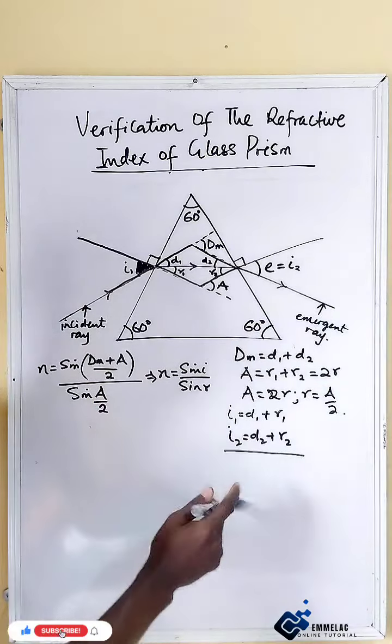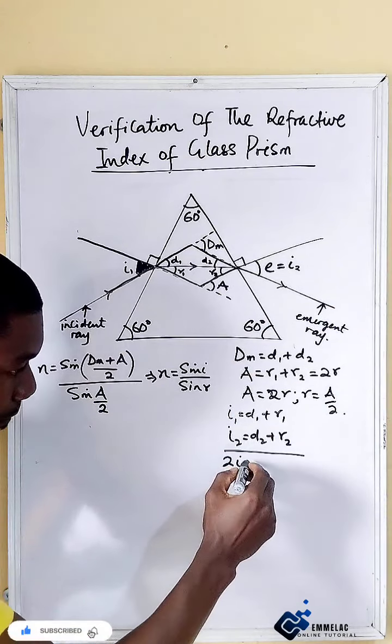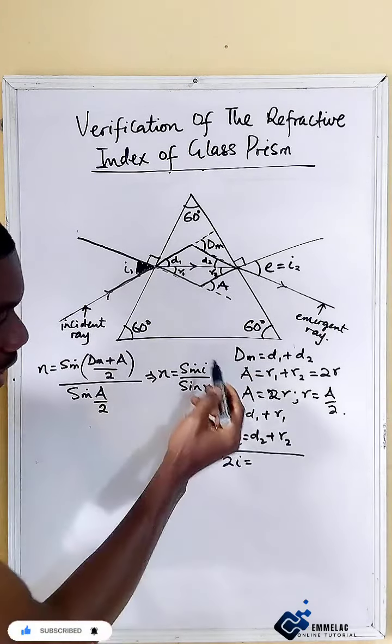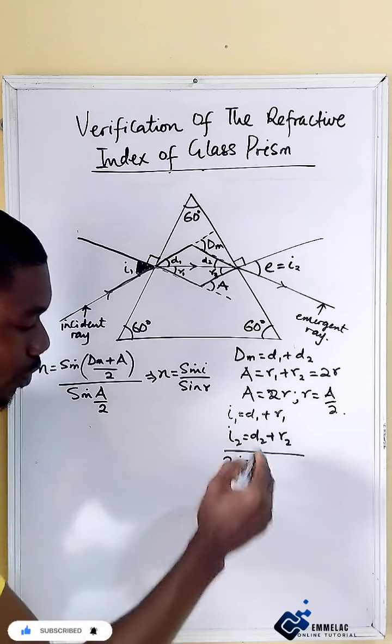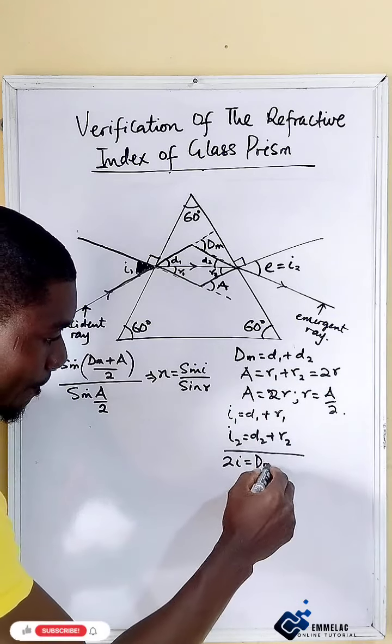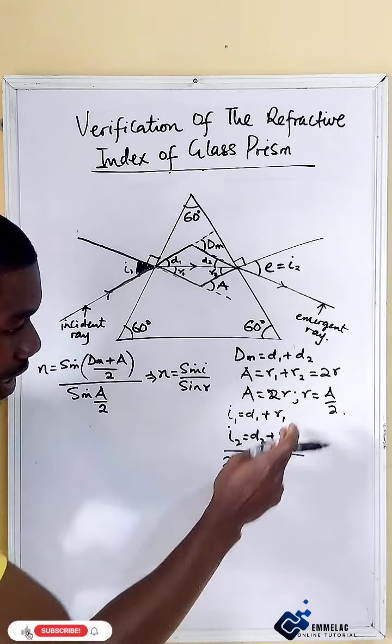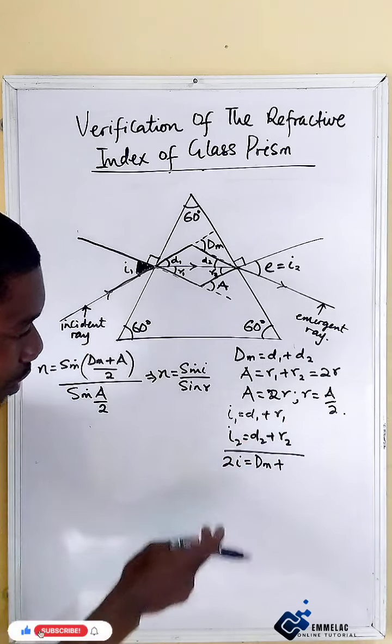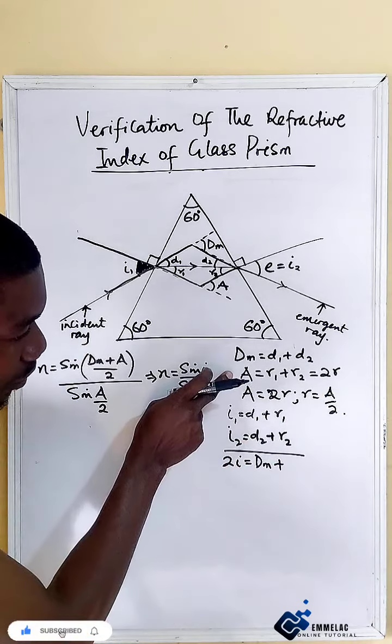So we can end up saying this is 2i, now plus, let us come back here, D1 plus D2 equals Dm, then r1 plus r2 equals A from this equation here.